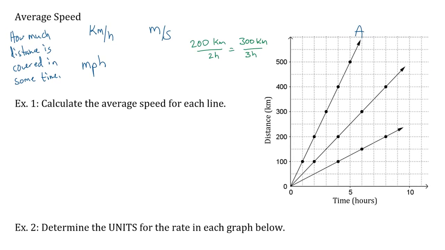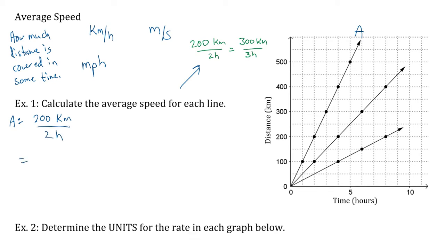calculate the average speed for each line. So I'm going to start with A. Now, how are we going to calculate these? Well, I can just start with one of these things that I have here, 200 kilometers in 2 hours.